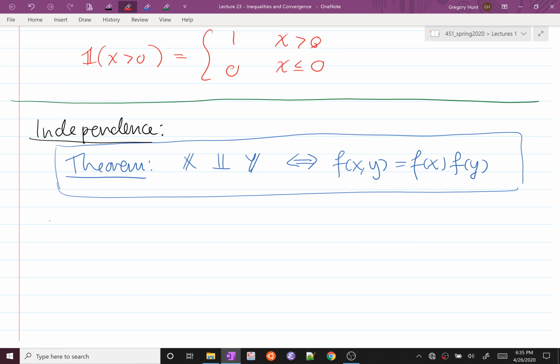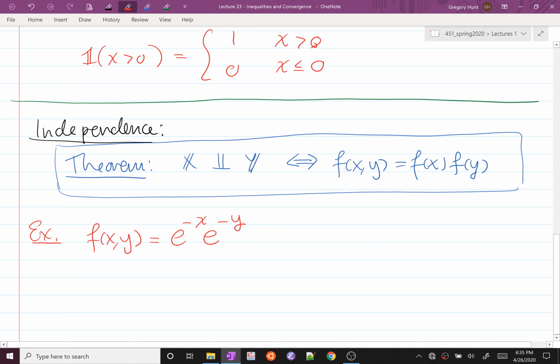So, for example, if I have a joint PDF f of x y that is e to the negative x times e to the negative y, let's say for x bigger than 0 and y bigger than 0, and I want to know, is x independent of y in this case?